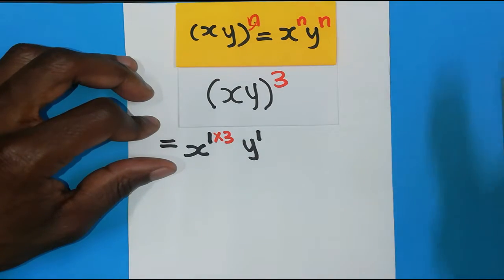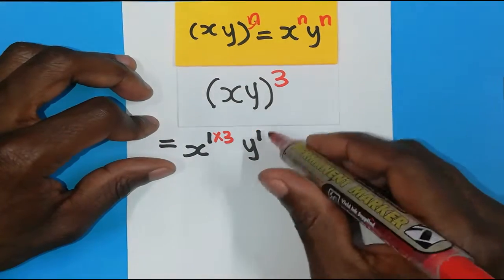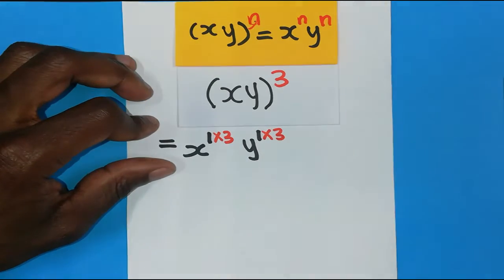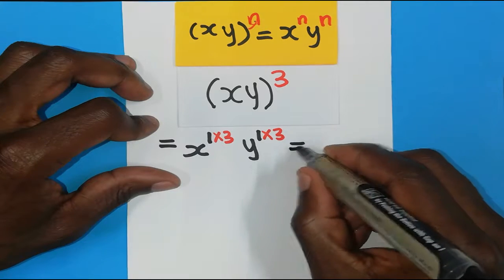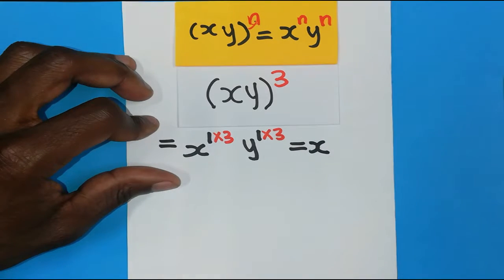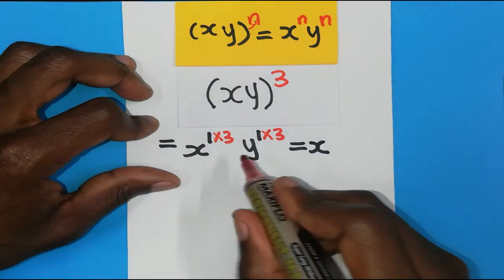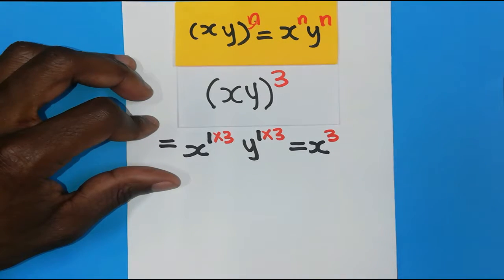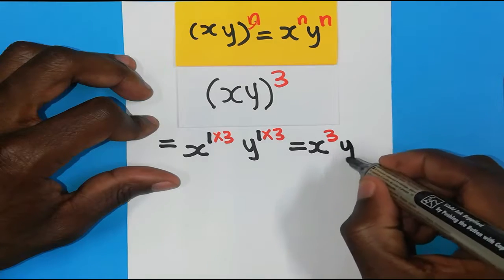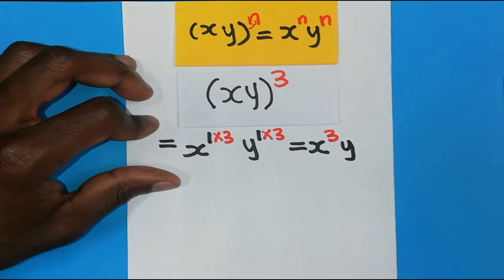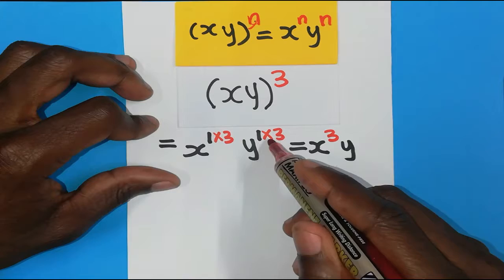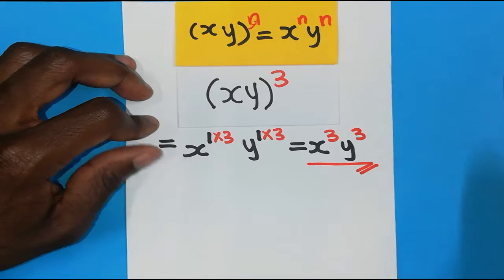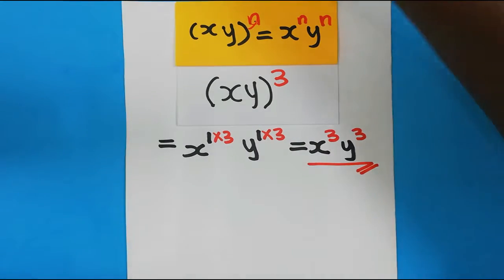Then you multiply that exponent with 3. Now the final answer will be x. So 1 multiplied by 3 equals 3, and therefore you write y. And 1 multiplied by 3 equals 3. This is your answer. All right, great.